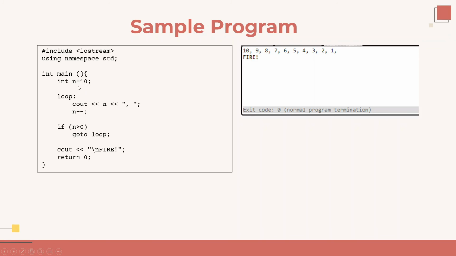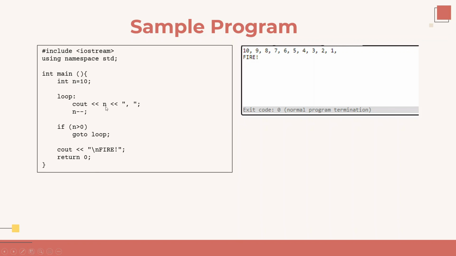Because the initial value of n is 10, if n is more than 0, then go to loop, cout n, comma. So it will print 10, comma, and then the value of n is decreased by 1. Now the value of n is 9, and then go to loop again.